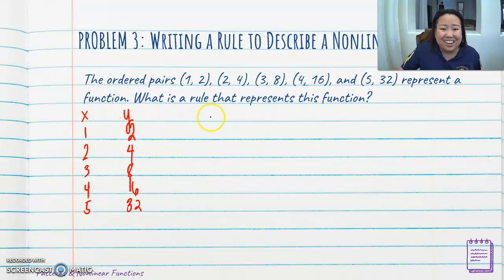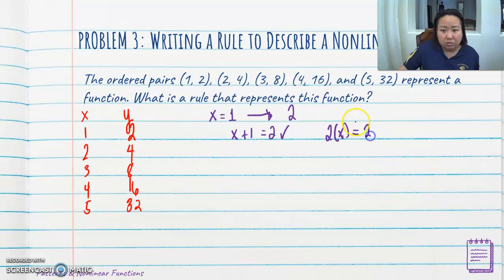If our x is 1, how can we make it become a 2? There are multiple ways that we can do that. For us to get a 2, it could be x plus 1, correct? So if our x is 1, 1 plus 1 is equal to 2. It could also be 2 times x: if our x is 1, that's going to be 2.